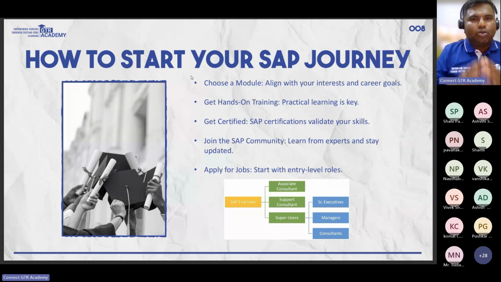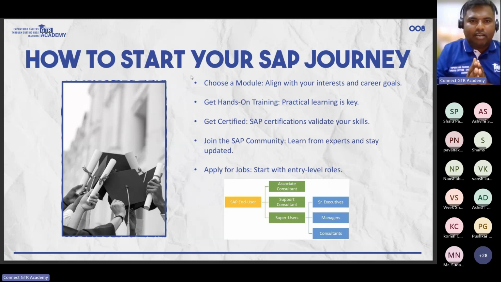You should understand the overview of each module by doing your research or by going through our website. Understand which module does what activities and other things, based on your interest and your career goal. For example, I am a computer guy, but I don't want to go for coding activity.